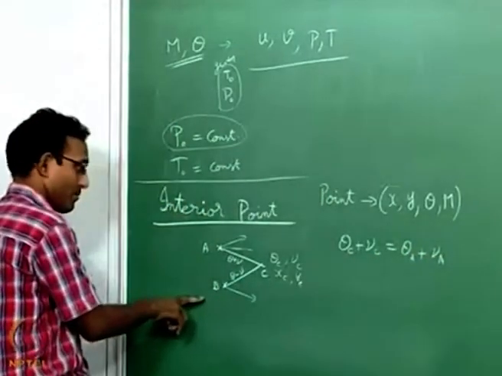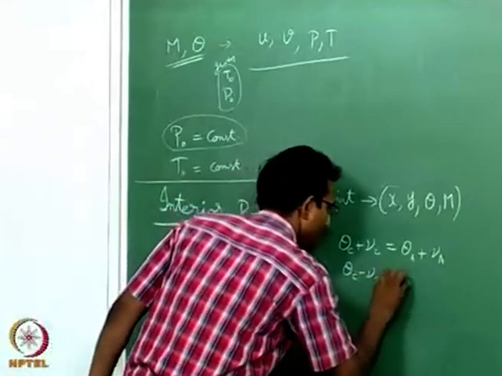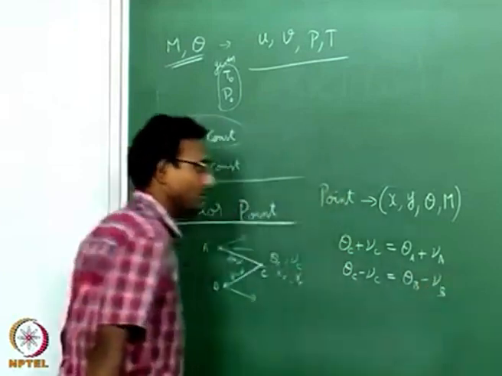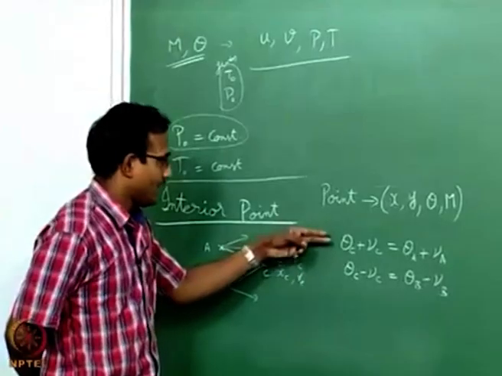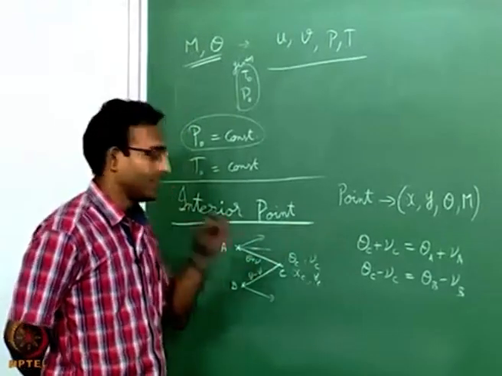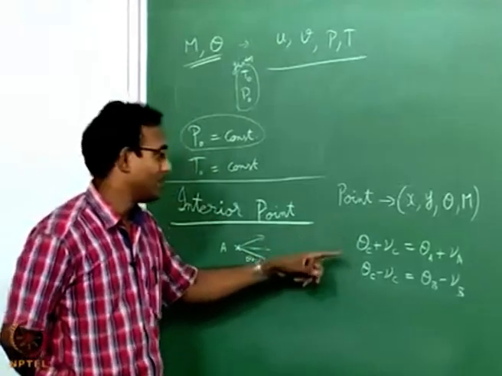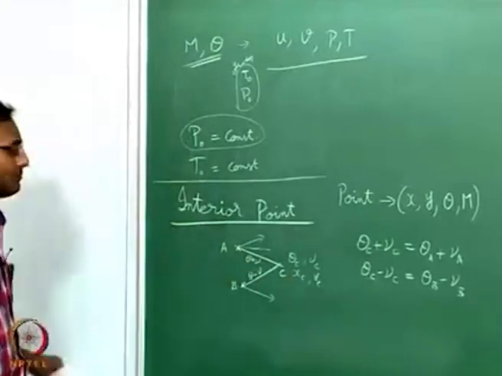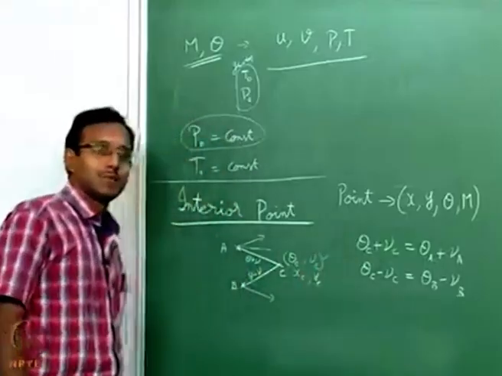And from line BC I get theta c minus nu c equal to theta b minus nu b. We know the right hand sides, and we do not know the left hand sides. Adding these two and dividing by 2 will give me theta c. The first one minus the second one, divided by 2, will give me nu c. So I can easily get theta c and nu c. I have solved the flow properties at point C.